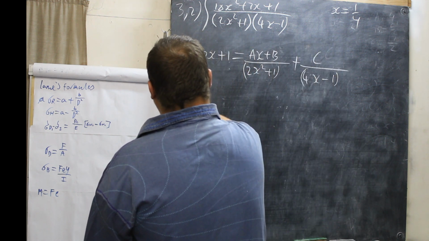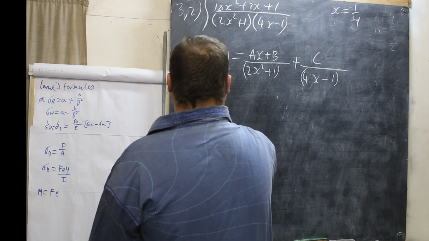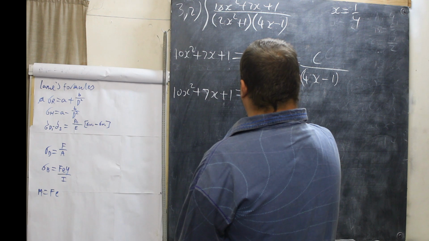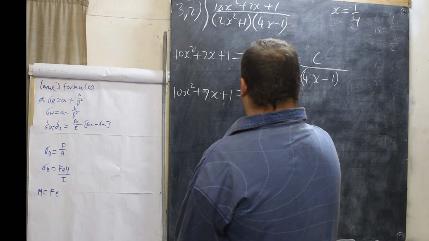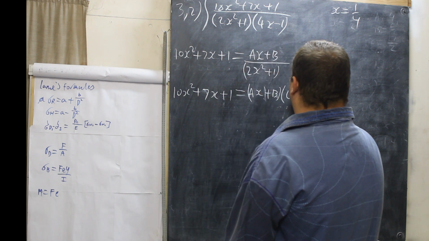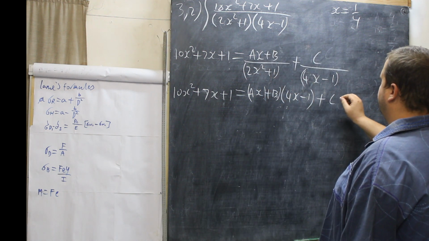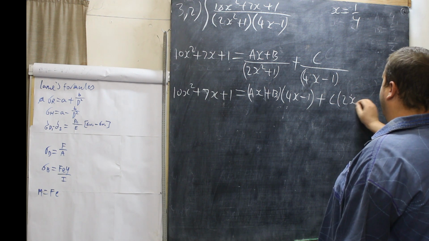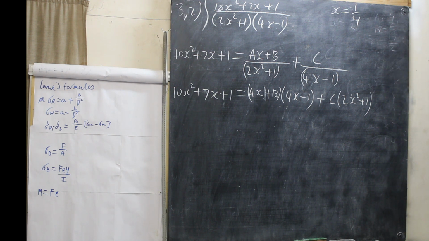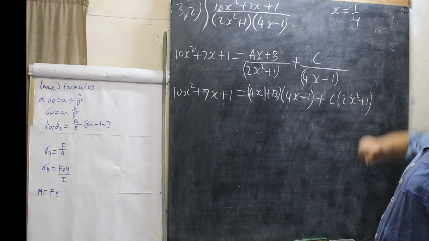So we are left with 10x squared plus 7x plus 1 equals ax plus b times 4x minus 1 plus c times 2x squared plus 1. Okay, now what we're going to do is make x equal to a quarter.